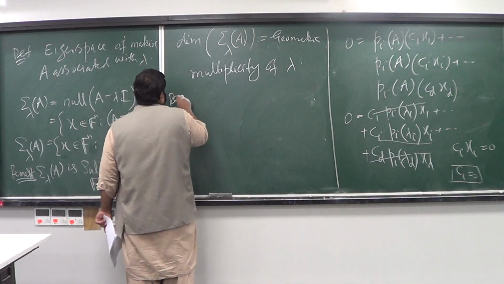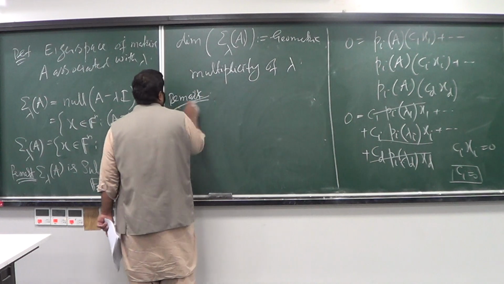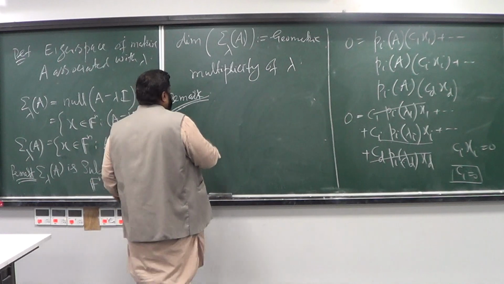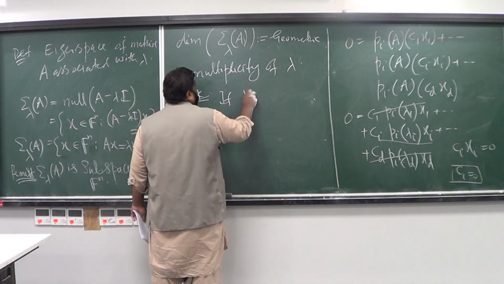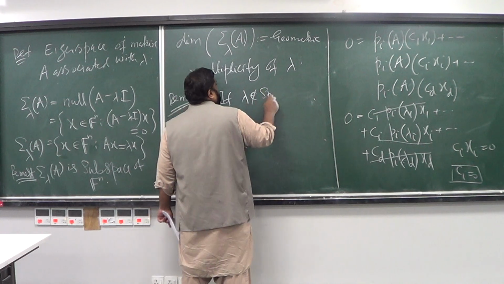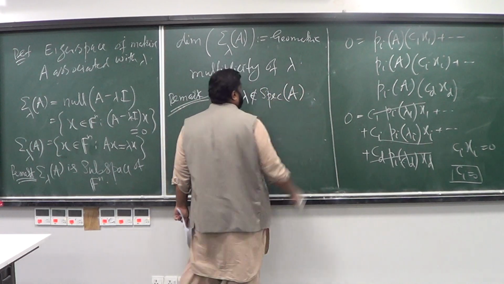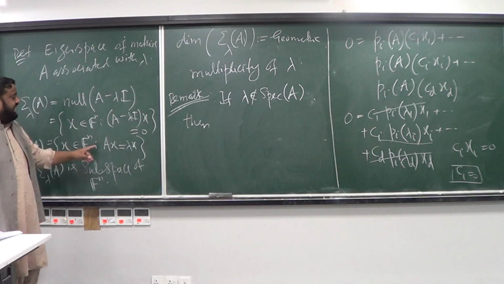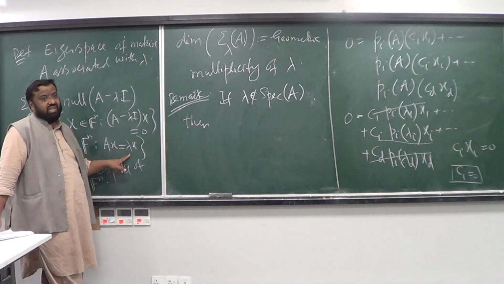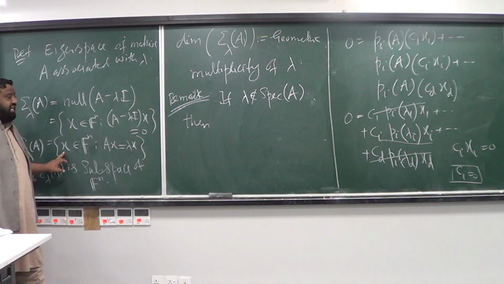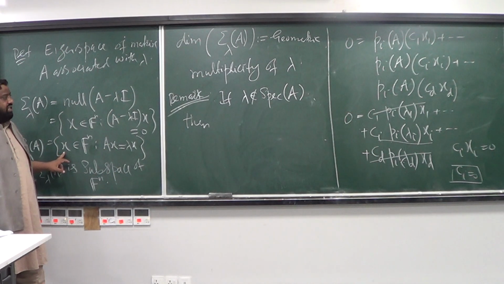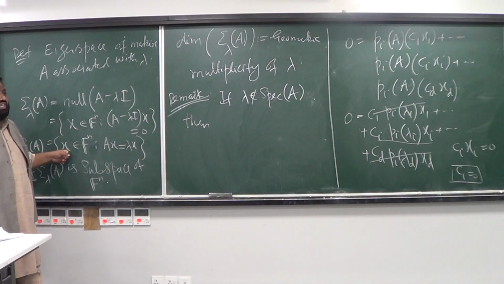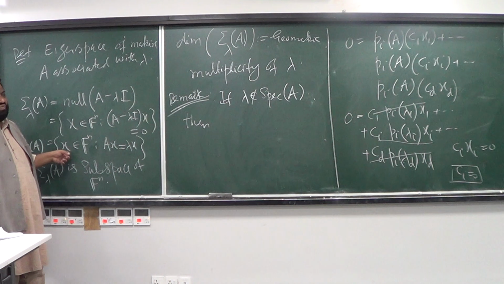Here is a little remark. If lambda is not an eigenvalue of the matrix A, then Ax equal to lambda x is not satisfied for any non-zero vector x. Why?